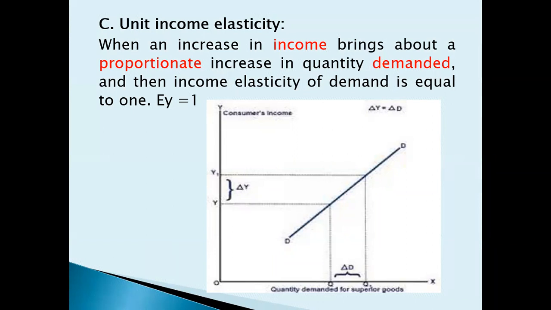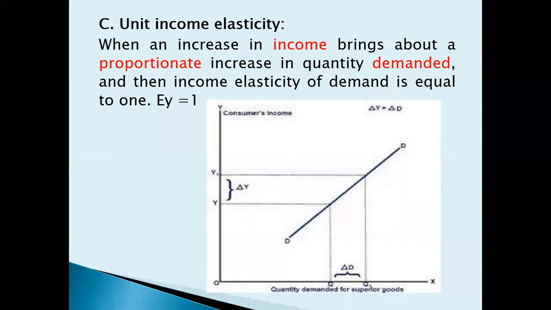When an increase in the income brings about an equal proportionate increase in the quantity demanded, then income elasticity of demand is equal to 1, that is EY will be considered as 1.